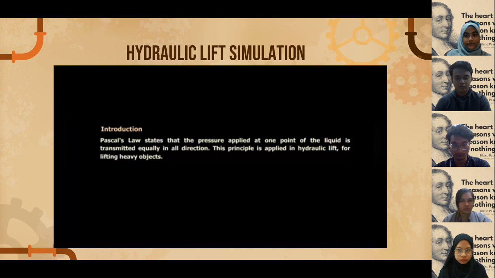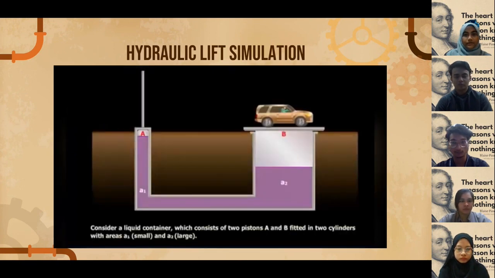In this simulation, we will see how the hydraulic lift works. Here we can consider a liquid container which consists of two pistons, A and B, fitted into cylinders with areas A1, which is the small part, and A2, which is the larger part.